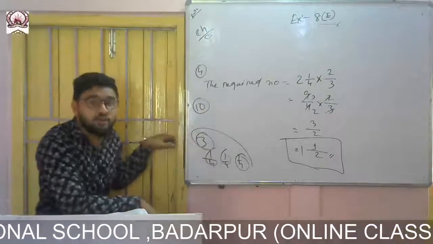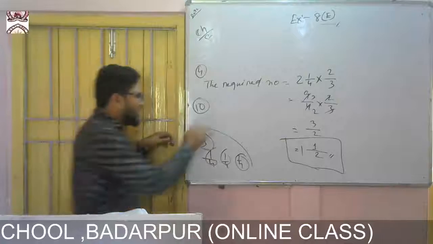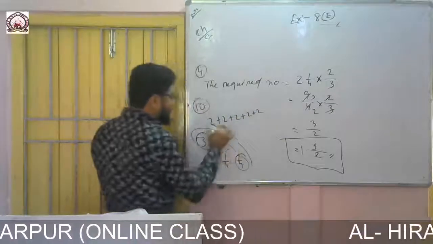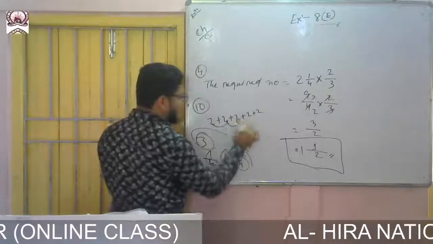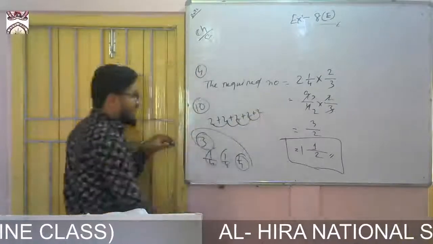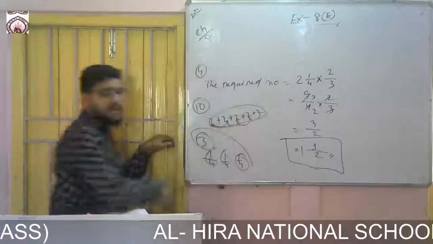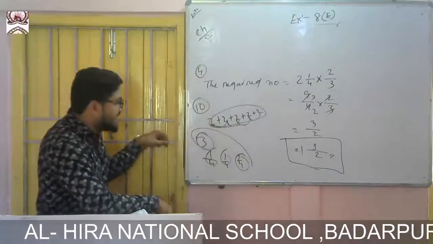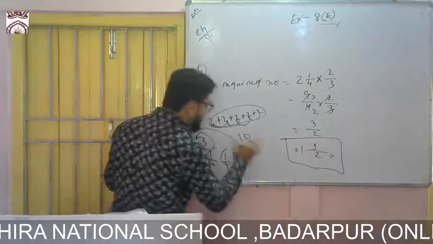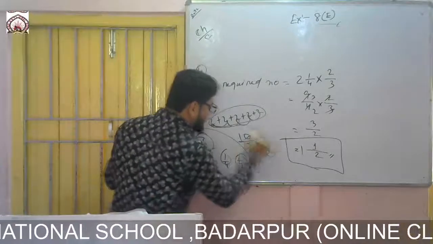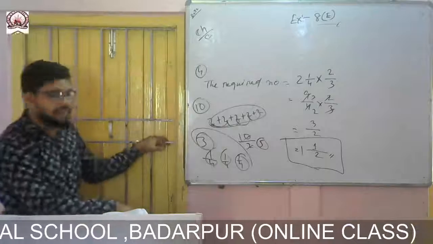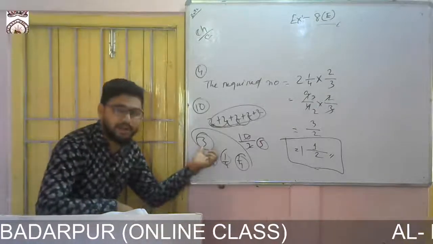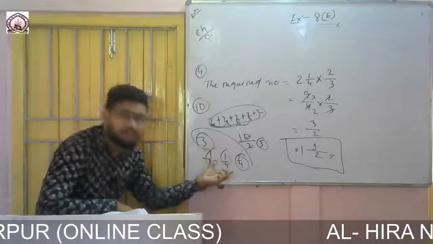If I say how many 2s are there in 10? 2 plus 2, 4, 4 plus 2, 6, 6 plus 2, 8, 8 plus 2, 10. 5 2s are there, because 5 2s make 10. So if I divide by 2, I shall get 5 easily without writing this. That means how many 1/4 are there in 3? If I divide this 3 by 1/4, then I'll get the answer.